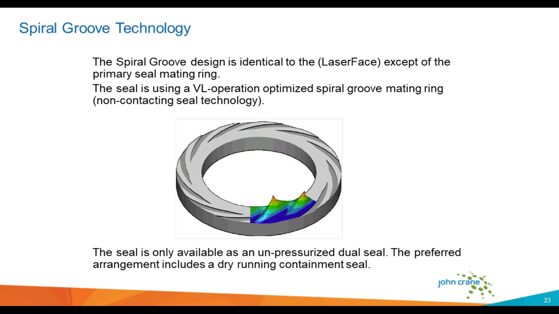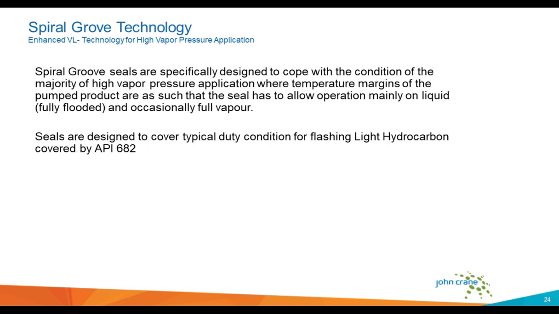This seal is normally available only as a dual seal, an unpressurized dual seal, and a preferred arrangement includes a dry running containment seal. The spiral groove seals are specifically designed to cope with the conditions of the majority of high vapor pressure applications, such as ethane and ethylene, where you have high pressure and a low temperature margin of the pumped product.